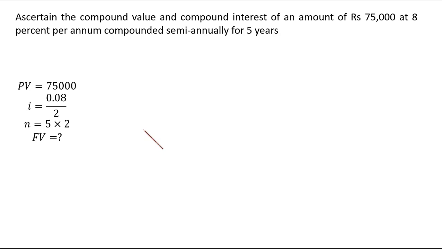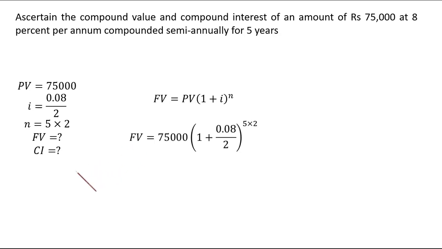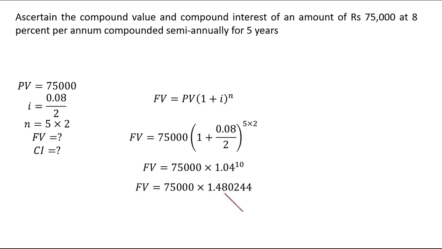And we need to find what is the amount, what is the future value, and also the compound interest. So we take the formula FV is equal to PV into 1 plus i the whole raised to n, and we substitute in the numbers. 0.08 divided by 2 is 0.04, and 5 twos is 10. 0.04 plus 1 is 1.04, and 1.04 raised to 10 is 1.480244, multiplied by 75,000 gives us 111,018.